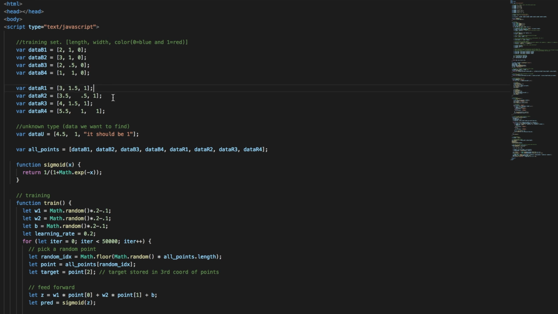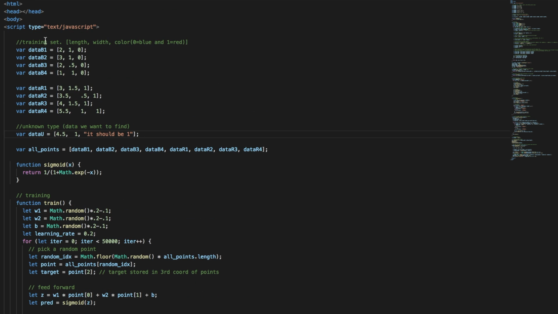Now for the 4 red flowers, I do the same thing. So this flower has a length of 3, a width of 1.5, and a type of red, or 1. So that's our data. Then we have our unknown data point, which has a length of 4.5 and a width of 1, and we don't know what it should be, but we can make a guess that it should be 1, visually looking at it with all the other points.